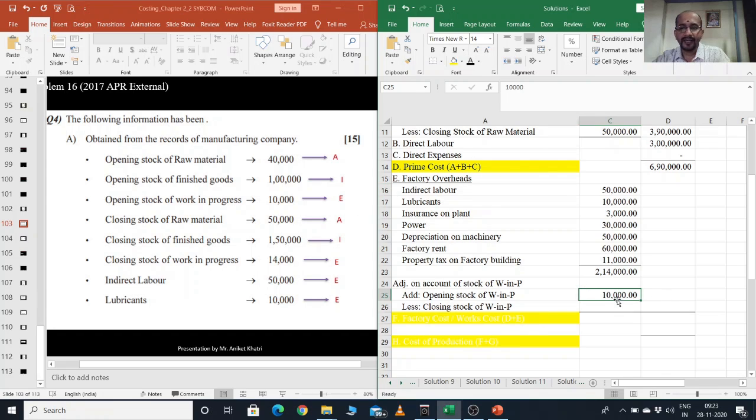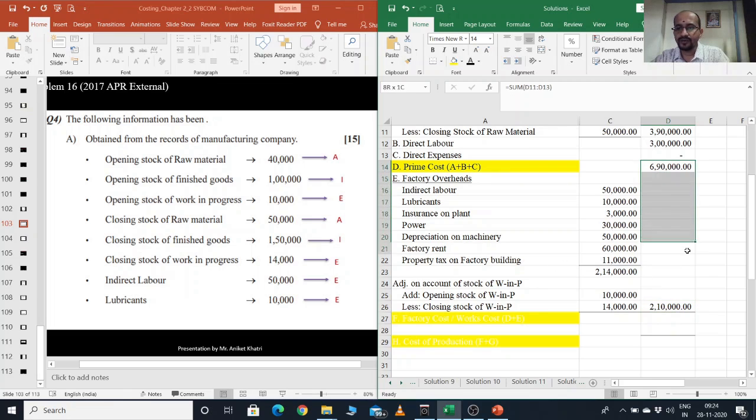You need to add this 10,000 to 2,14,000, and you need to minus the closing stock of work in progress, that is 14,000. So if you minus this 14,000 from the total of these two, you will get 2,10,000. This is your factory overheads.